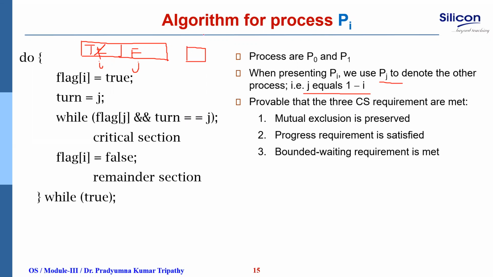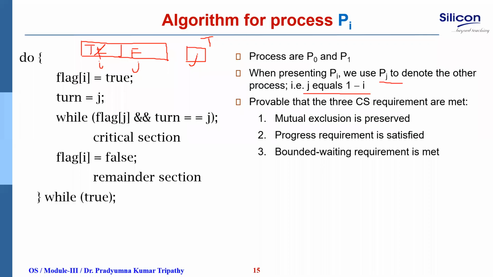Suppose this is turn. Okay, so let this be turn. The turn equals j, so we'll write j over here. That means the turn is j. The flag of I equals true.